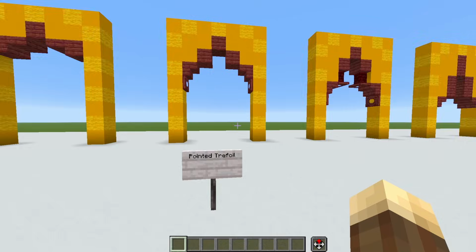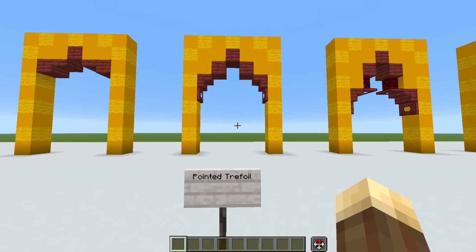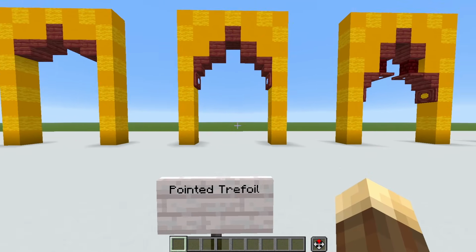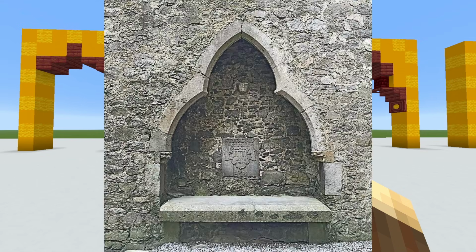Of course, I'm trying to show these all at a similar scale so that you can see how they all sort of mimic and interact with each other and where the differences are. But you can try to do these at any scale that really fits for your build. And of course, the bigger the arch is, the easier it's going to be. And as you get into some of these smaller arches, it's going to be a lot more difficult. And you'll really see that going forward because some of these are a little bit hard to show at this scale. But this is a common sort of arch in Gothic architecture.